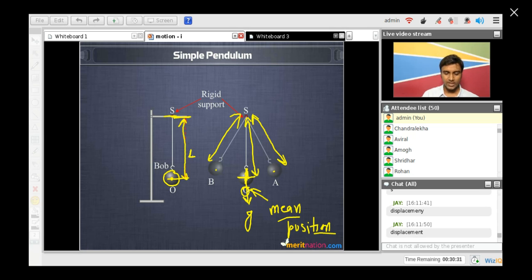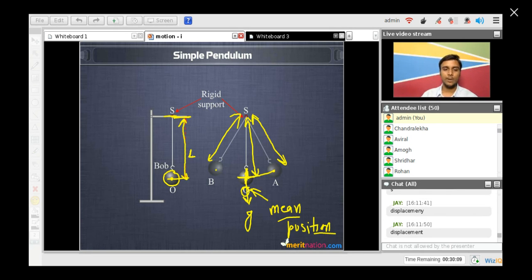Now, if you lift the bob to point A, if you displace the bob to point A, the bob begins to move to and fro when it is released from the extreme point A. Forward and backward motion, and that is called oscillatory motion.